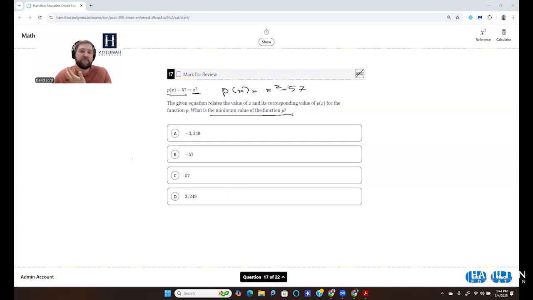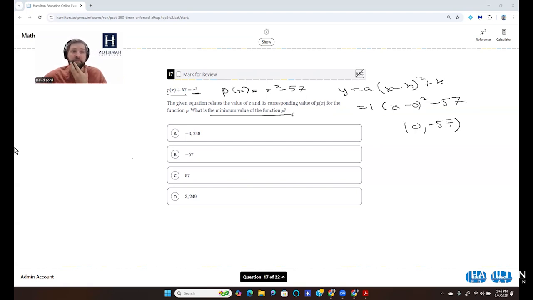Well, this could be vertex form where y equals a times x minus h squared plus k, where in this case a is 1, and then it's x minus 0 squared minus 57. So the vertex is at 0, negative 57. I could also graph this on Desmos.